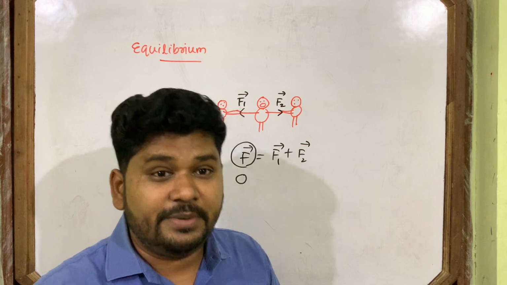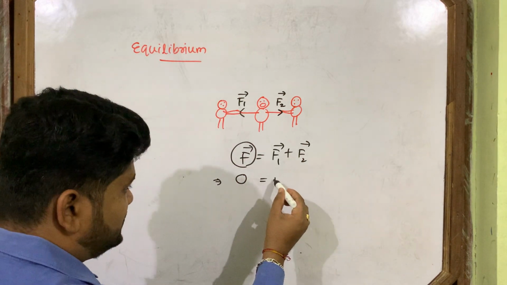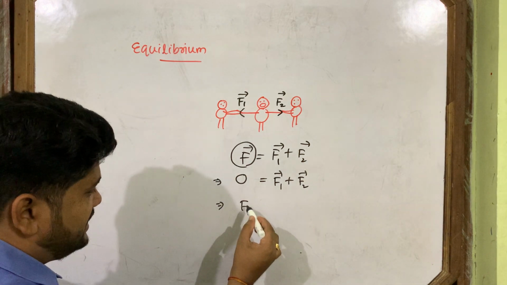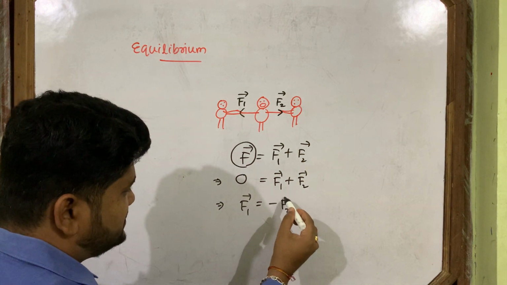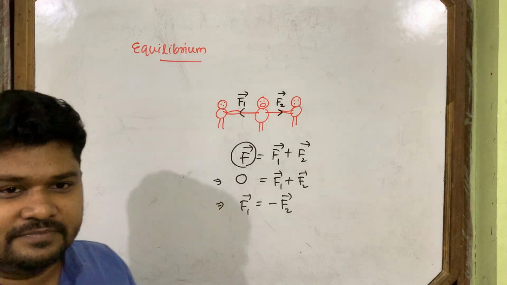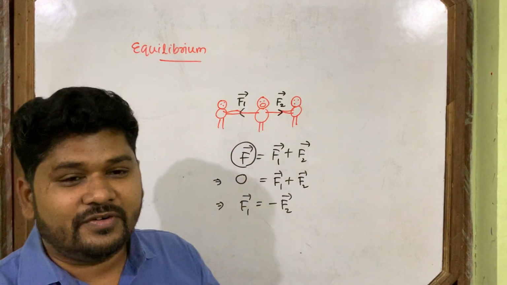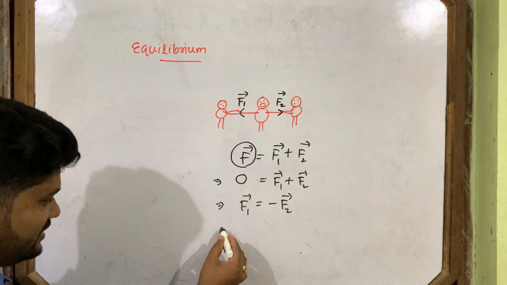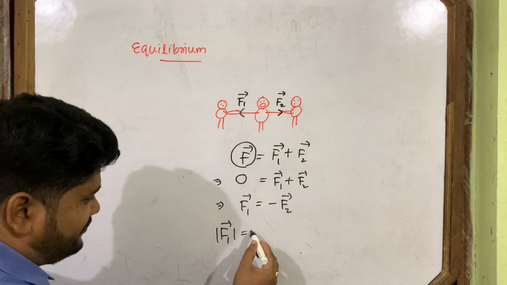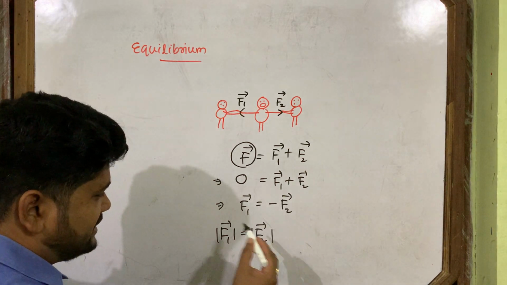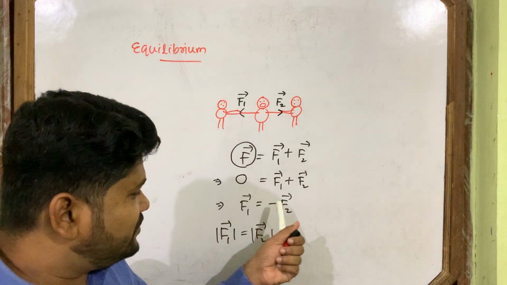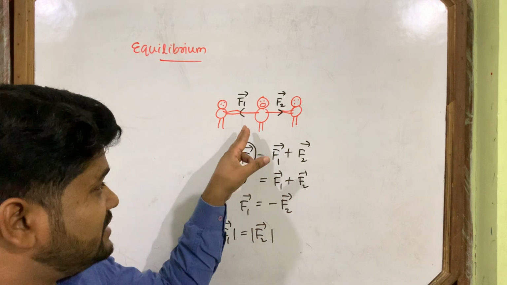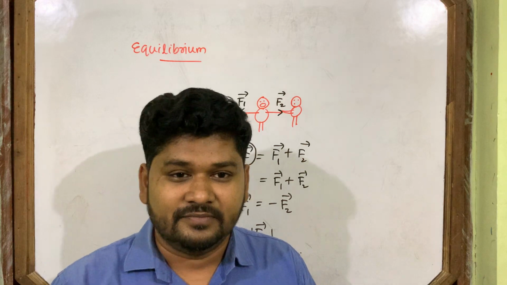If you are in equilibrium, then F1 vector is equal to minus F2 vector. One is the negative of the other. So can I write that the F1 magnitude is equal to the F2 magnitude? Both forces are of equal magnitude. Otherwise, the net force here cannot be 0.